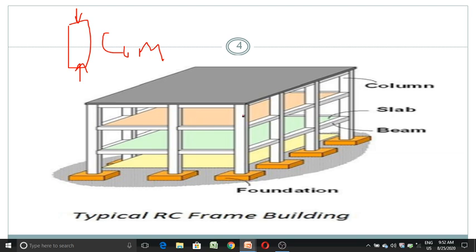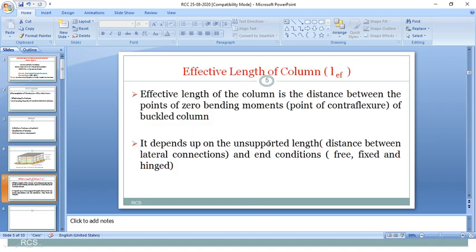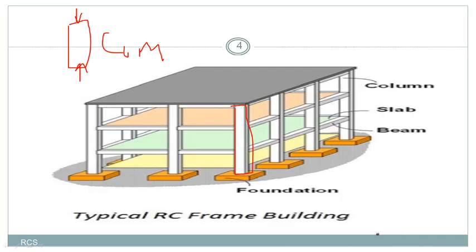Here you see the column in a structure. In which direction is it? It is in the vertical direction.